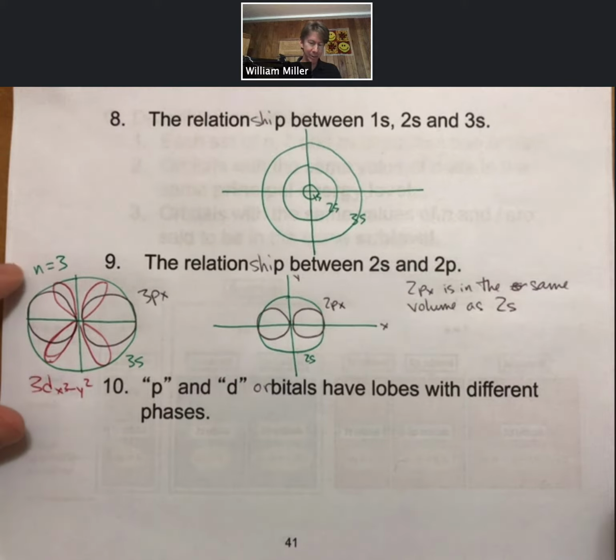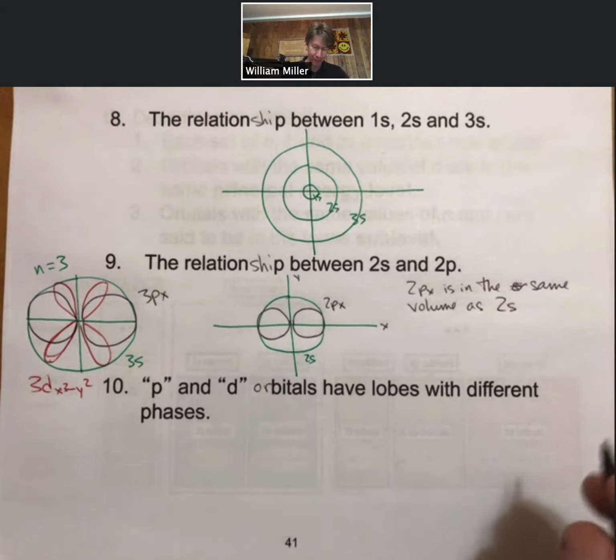And remember, n equals 3 is approximately 9 times larger than n equals 1. So there's more space, so there's more ways of putting the electrons in. And that continues on.